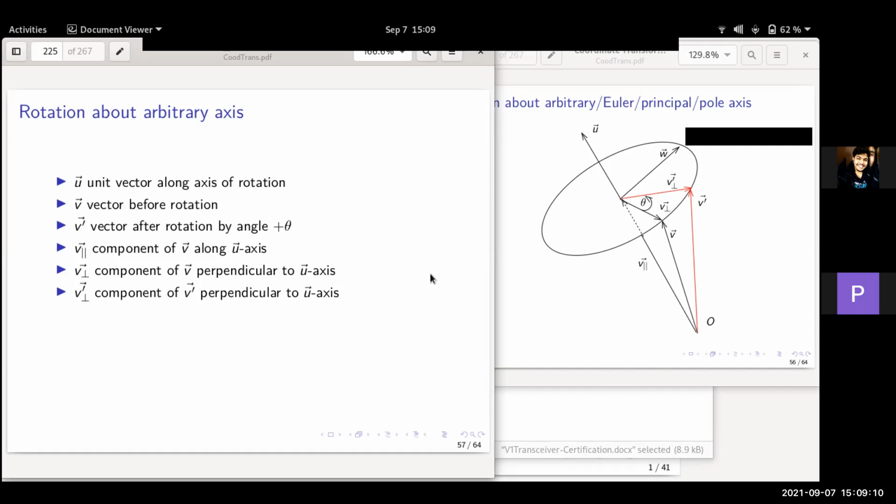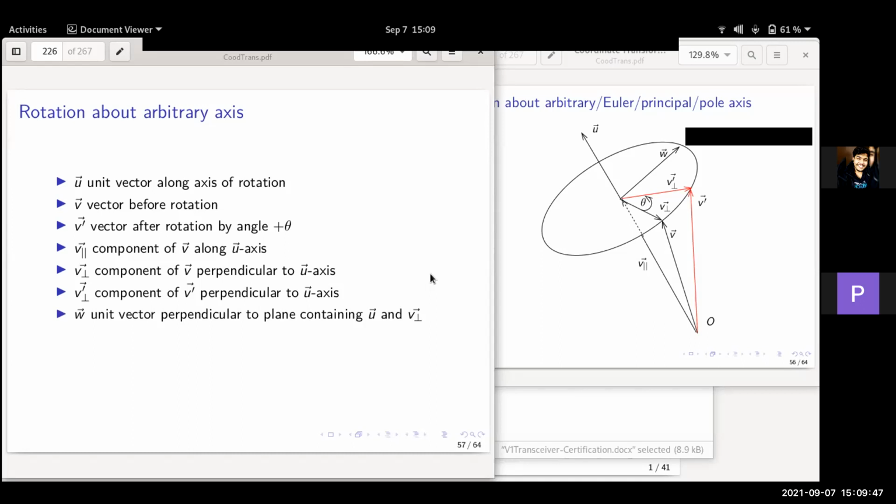This is an important concept which we had already discussed earlier. That is, if you have a vector orthogonal to the axis of rotation, after rotation, this vector will not come out of this orthogonal plane. So in this particular case, v perp is your component of v along the orthogonal plane to u, and then v perp dash is the same v perp after rotation by an angle theta.